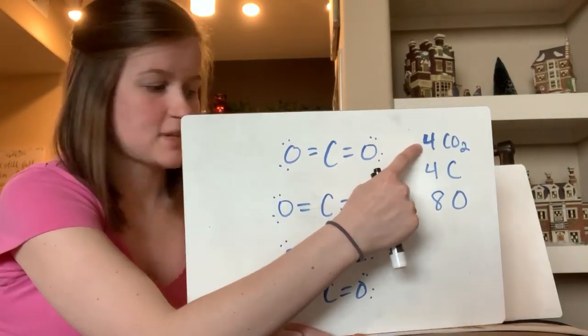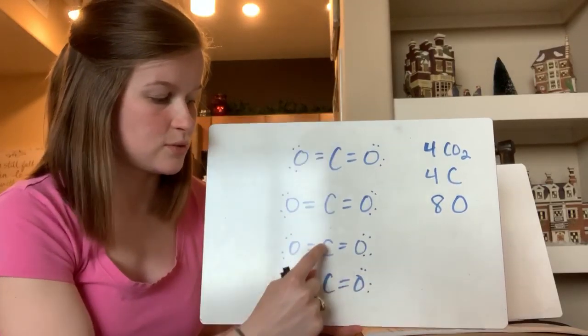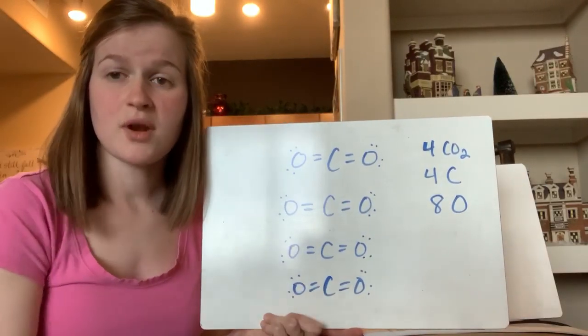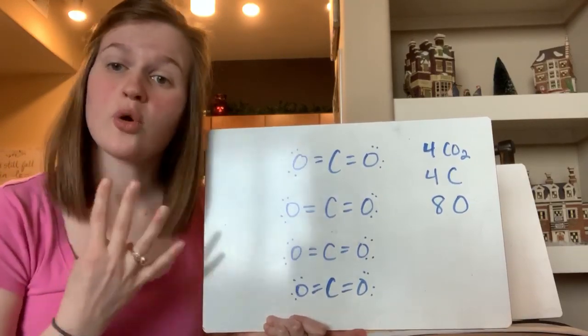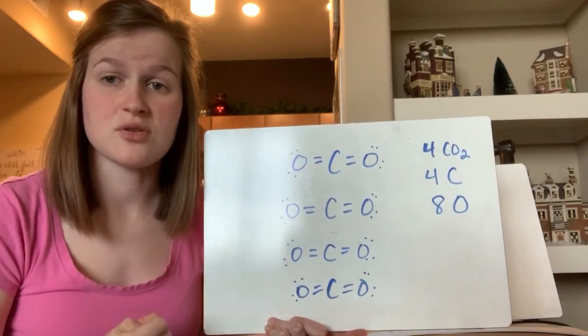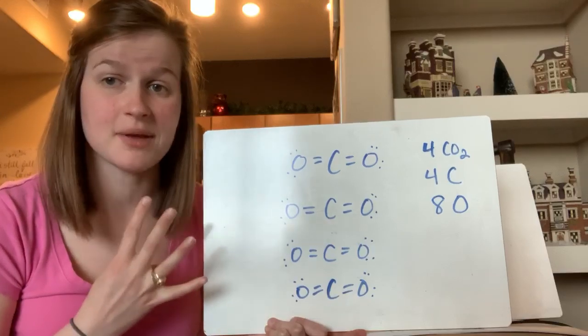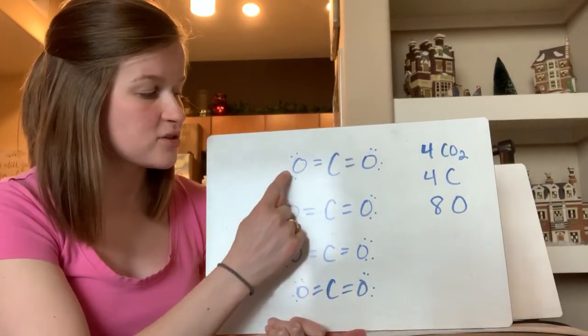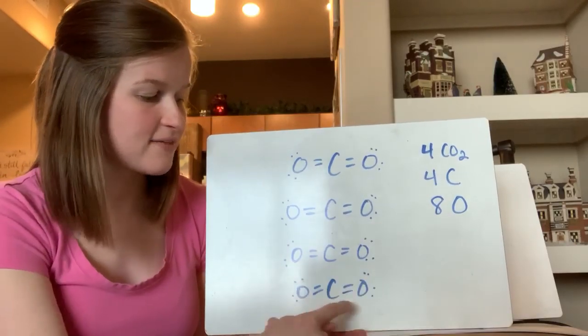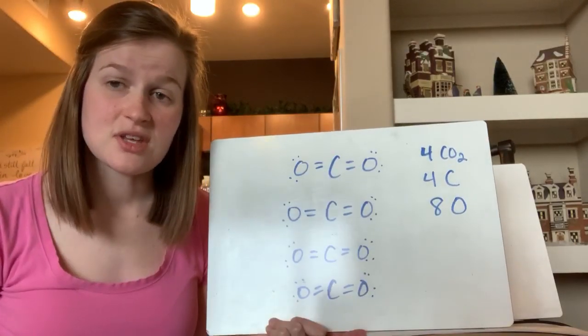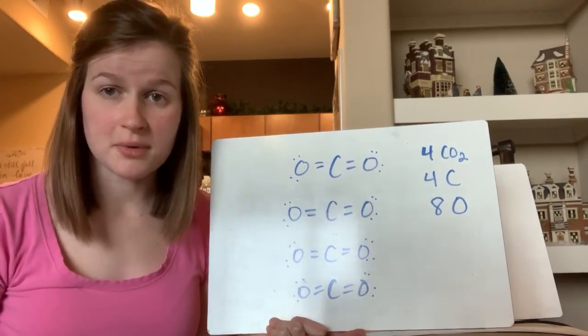Well, how many carbons did I use? Well, I only have 1, 2, 3, 4 carbons. So whenever I have 4 carbon dioxide molecules, or 4 moles of carbon dioxide, I also have 4 carbons. And then how many oxygens? Well, I have 1, 2, 3, 4, 5, 6, 7, 8. I have 8 oxygens.